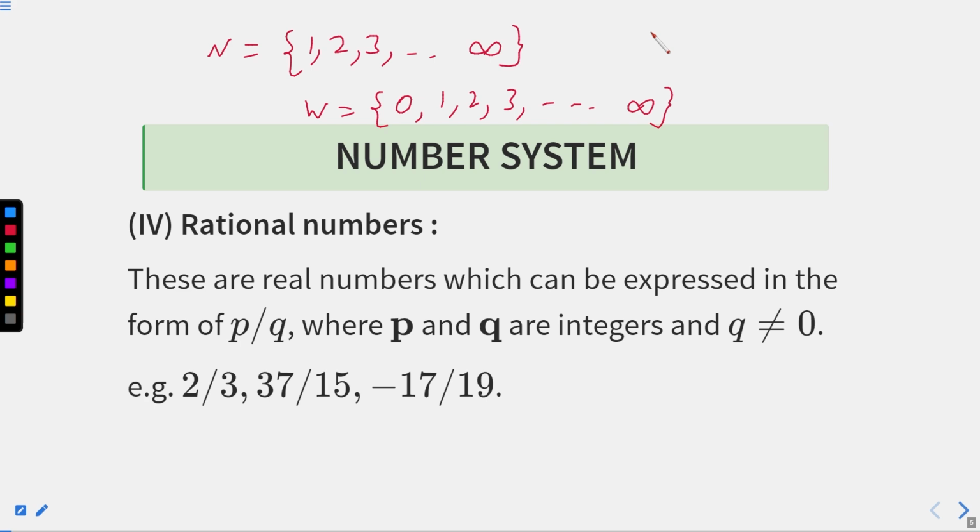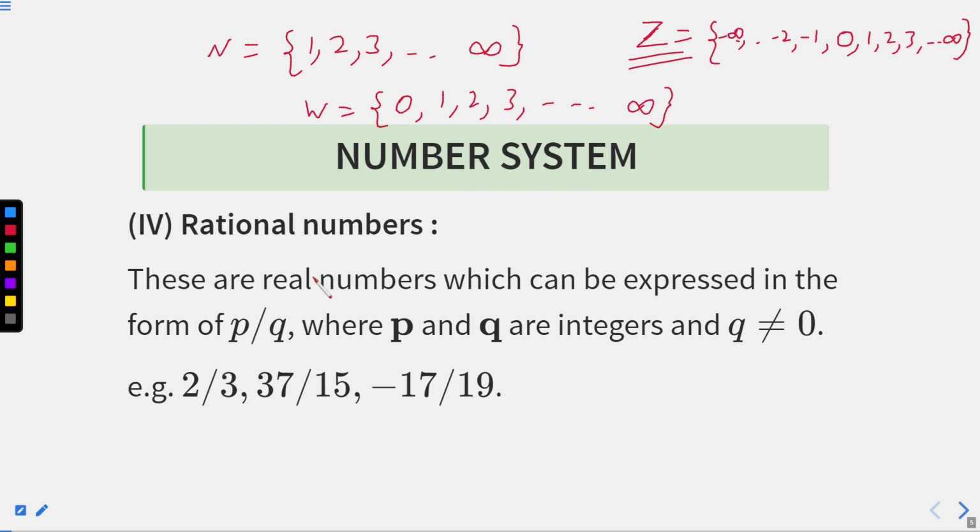And integers, denoted by Z, have the center point 0, and to the right side we have the natural numbers 1, 2, 3 till infinity, and to the left of 0 we have -1, -2 till minus infinity. This is the set of integers.